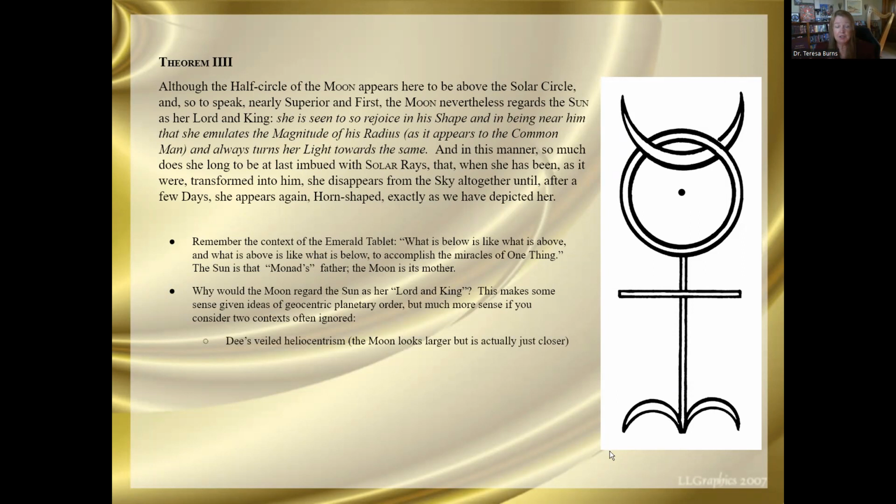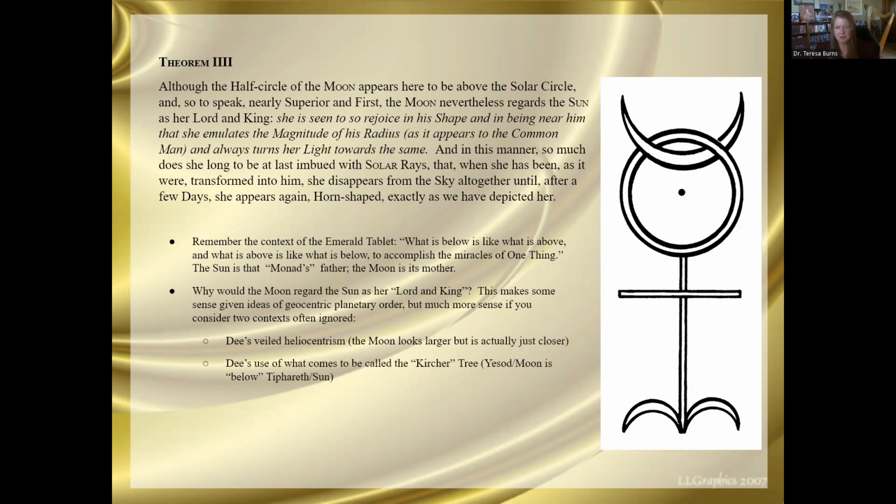What I am going to talk about is that, remember, D will have a veiled heliocentrism. And by the way, so will many, many educated humanists of that time. It's simply not safe to put in writing. Think again of what happened to Galileo, a couple generations later.